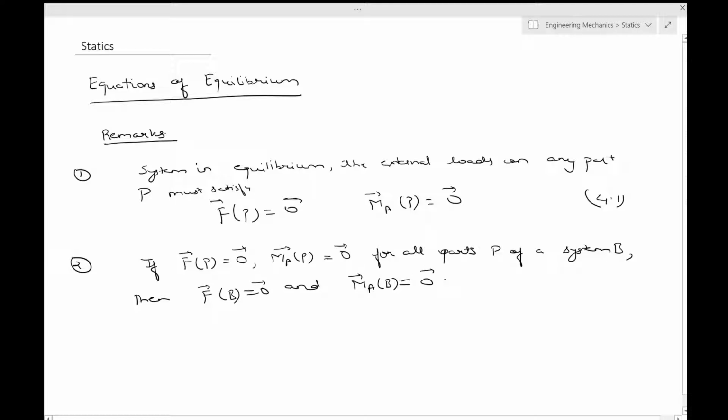And the converse of it is not true. That means if the whole body is in equilibrium, that doesn't mean that individual parts of it are also in equilibrium. So the converse is not true.